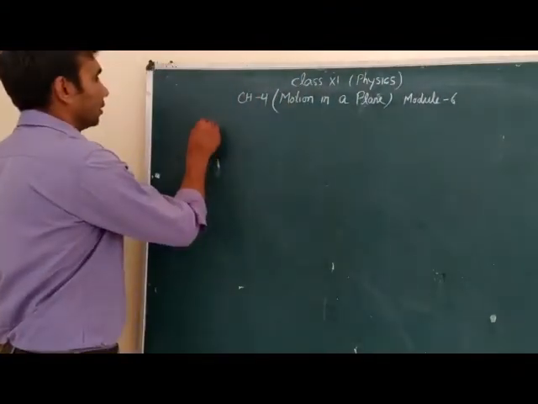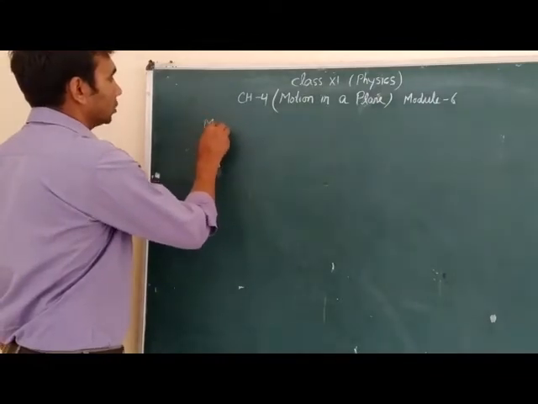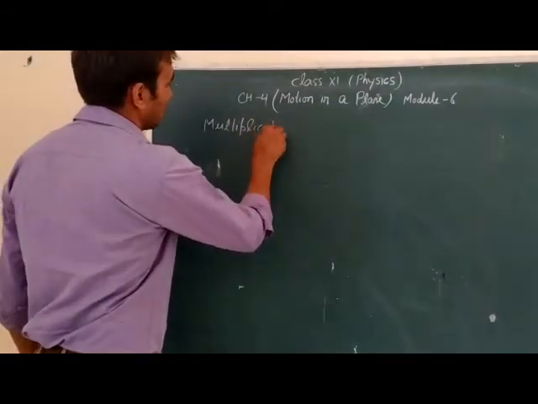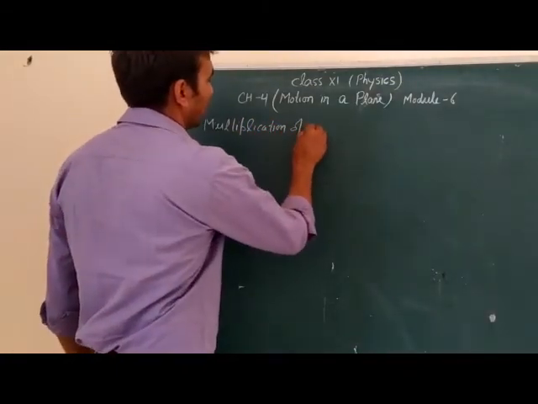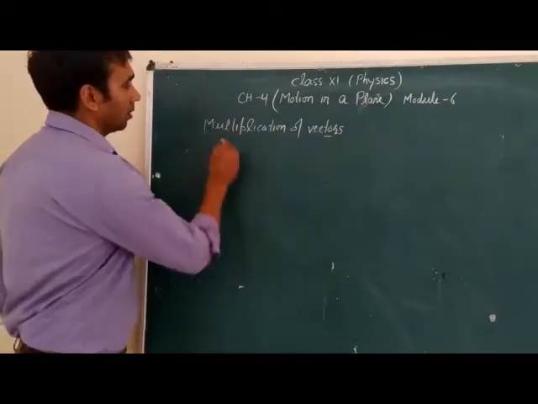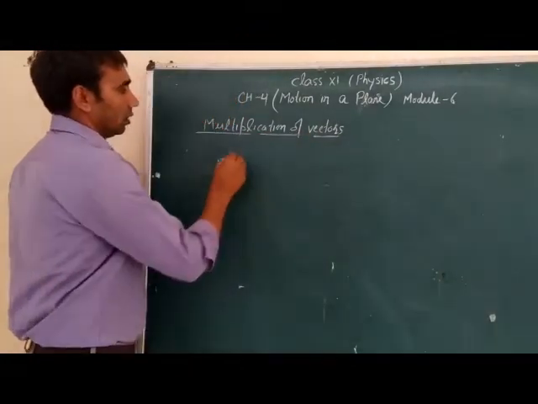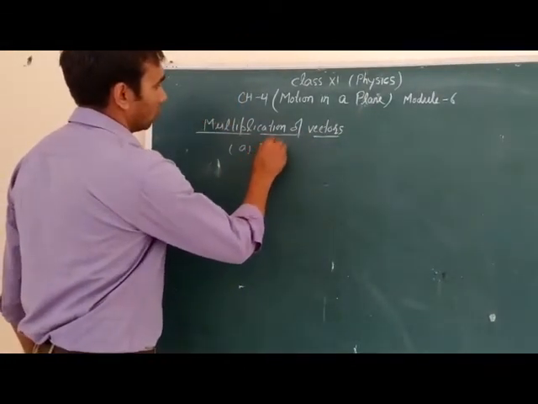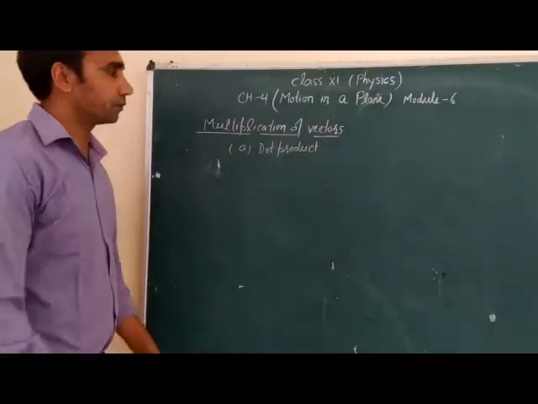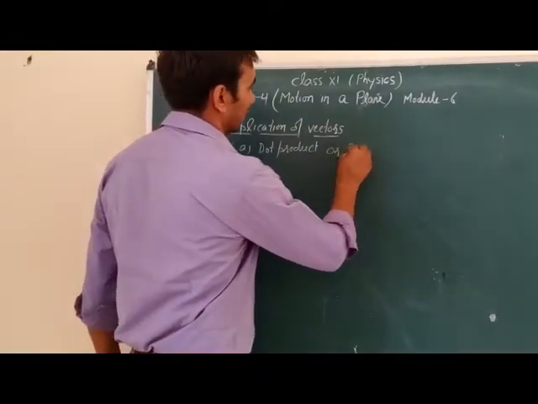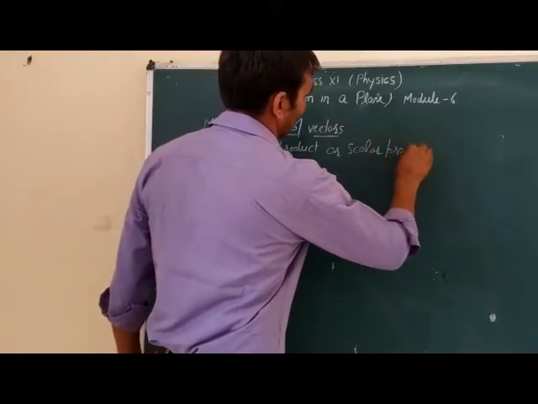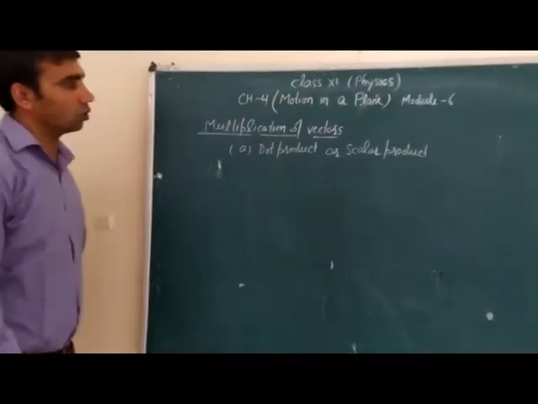First, multiplication of vectors. In the first rule, the dot product or scalar product.